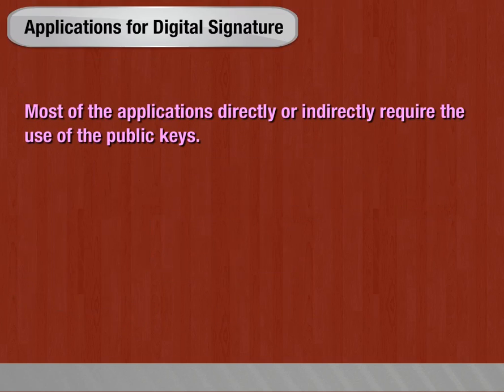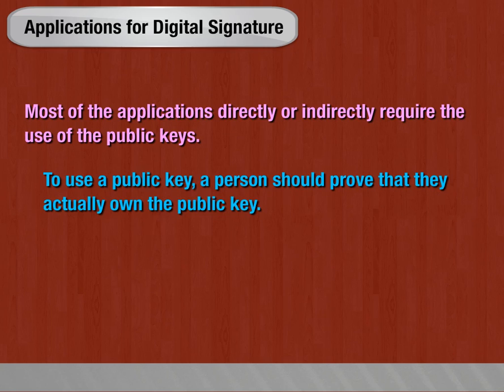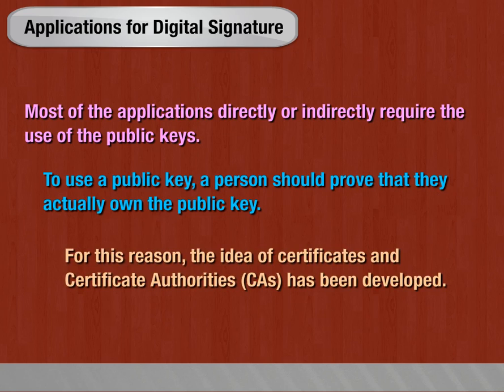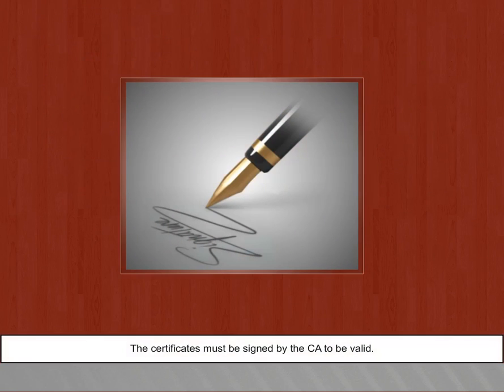Applications for digital signature. Most of the applications directly or indirectly require the use of public keys. To use a public key, a person should prove that they actually own the public key. For this reason, the idea of certificates and certificate authorities (CAs) has been developed. The certificates must be signed by the CA to be valid.